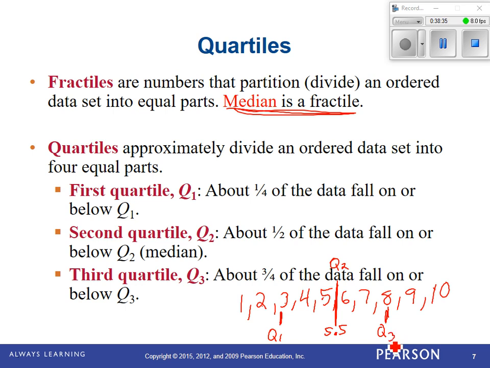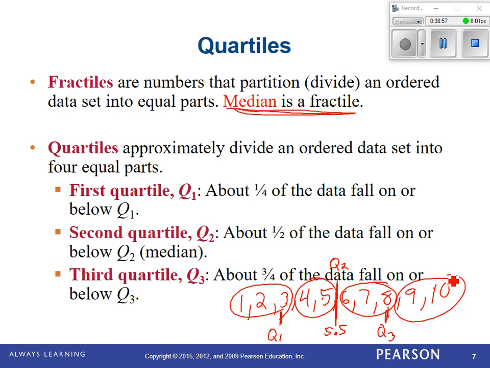So now what we've done is we've split this data up into 4 parts. That part, that's quartile 1, or that's at or below that. Quartile 2, quartile 3, and then, I shouldn't say it that way, I'm saying it wrong.